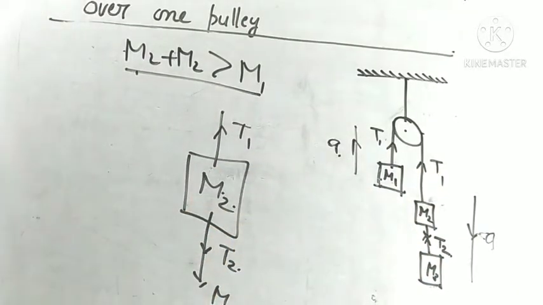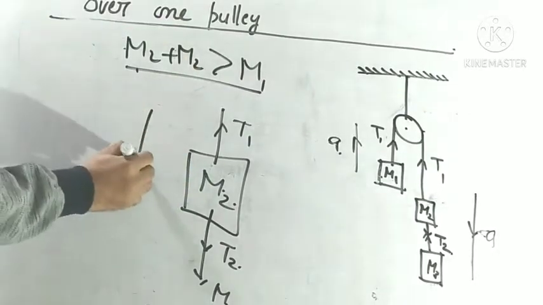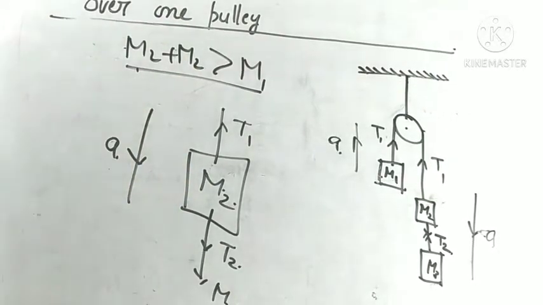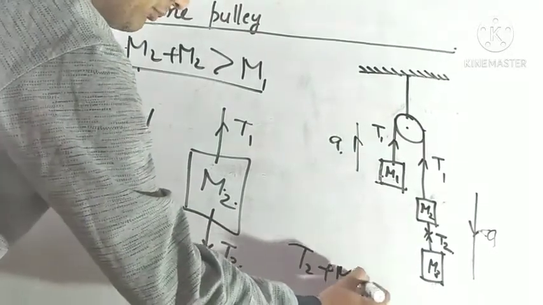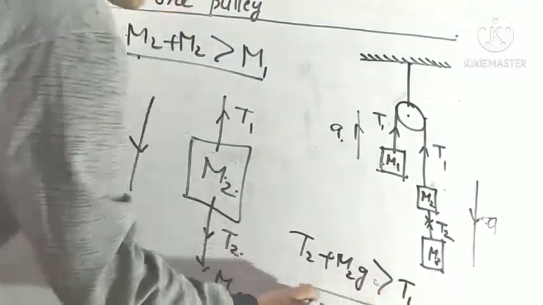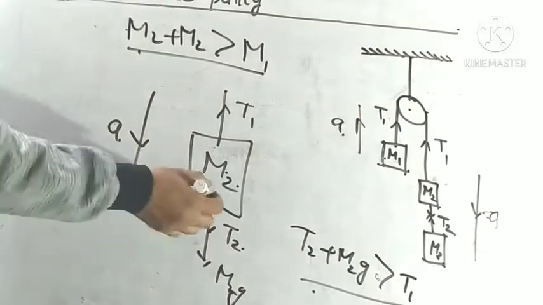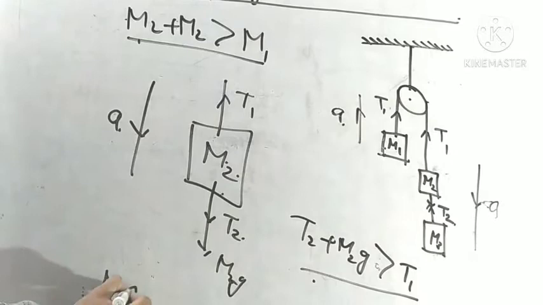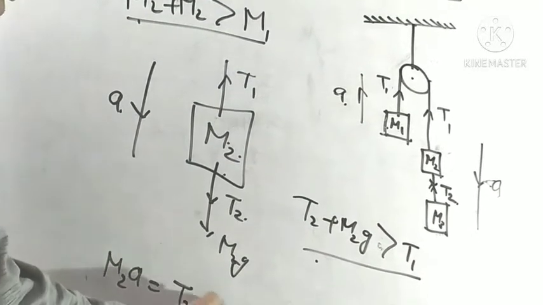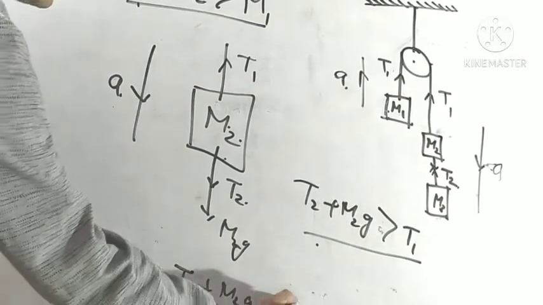This body moves vertically downward with acceleration a, so T2 plus m2g must be greater than T1. What will be the net force working on this body? m2a is equal to T2 plus m2g minus T1.